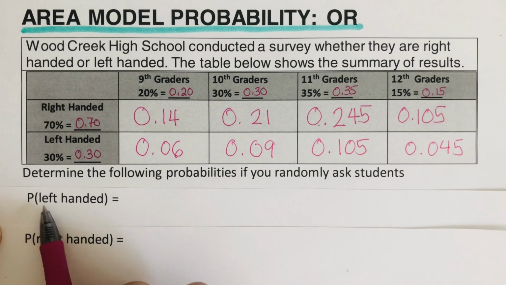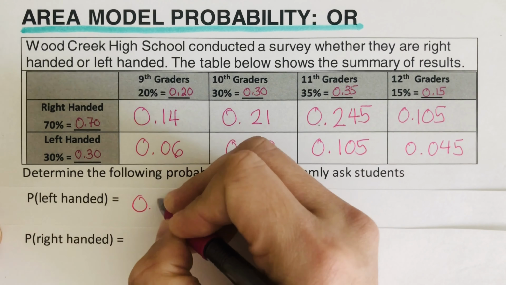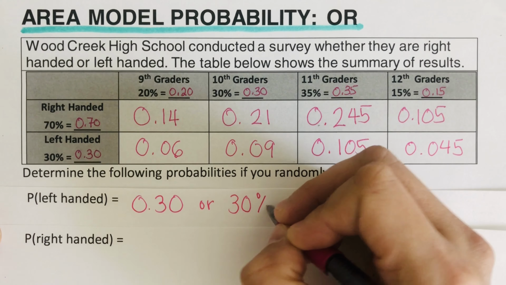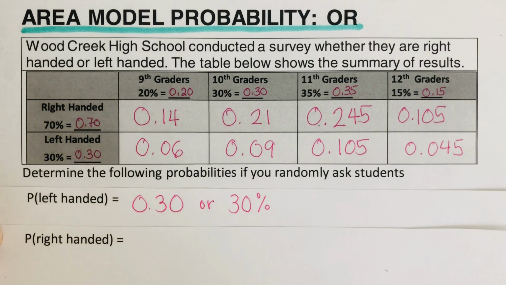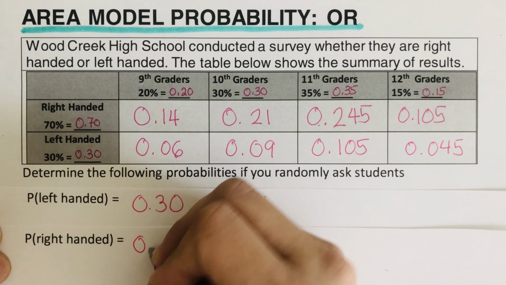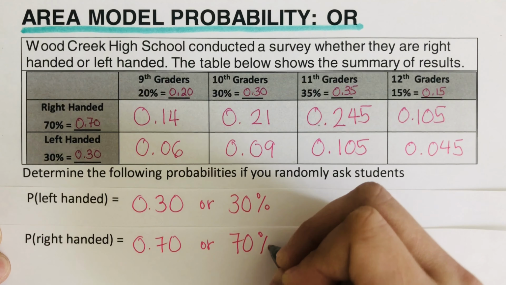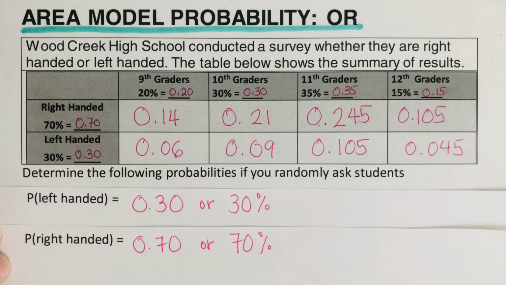The probability of left-handed is 0.30, or 30% of the time you'll be able to ask a left-handed student. And right-handed would be 0.70, or 70% of the time. When you go there and ask random students, you will be able to ask a right-handed student 70% of the time. Did you get the same answers?